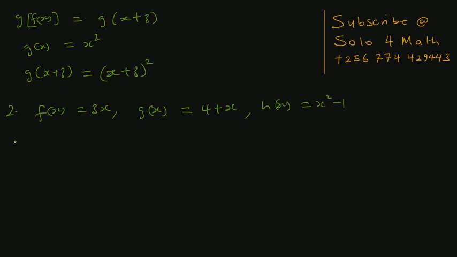We're required to find: Roman numeral 1, f(g(x)); Roman numeral 2, g(f(x)); Roman numeral 3, h(f(x)); Roman numeral 4, h(f(g(x))).